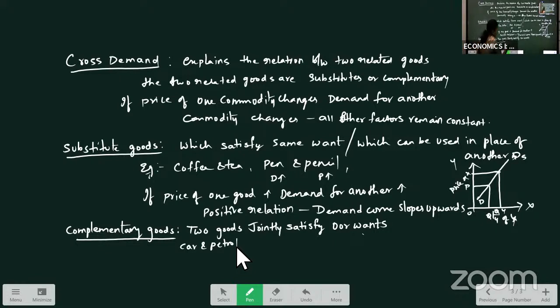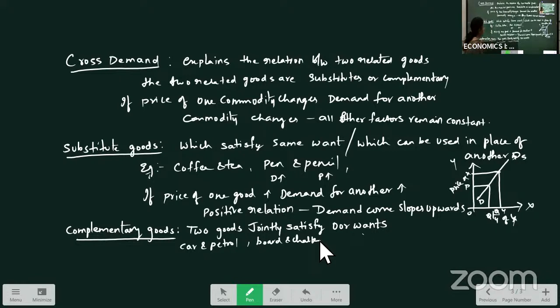Or we can take another example, like book and pen. If the pen is not there, what will you write on your book? If the book is not there with the pen, what will you do? Or we can take the example of blackboard and chalk. So these are dependent goods.